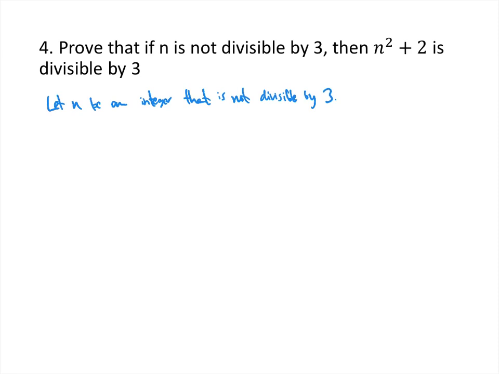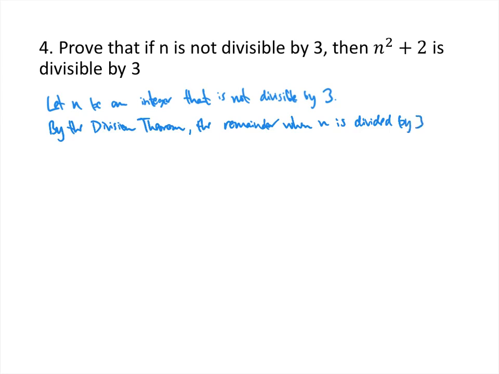But what does it mean for n to be not divisible by 3? Here's where the division theorem can help us. By the division theorem, we know that there are only so many ways that n can be divided by 3. The remainder, when n is divided by 3, can only be one of 3 things.